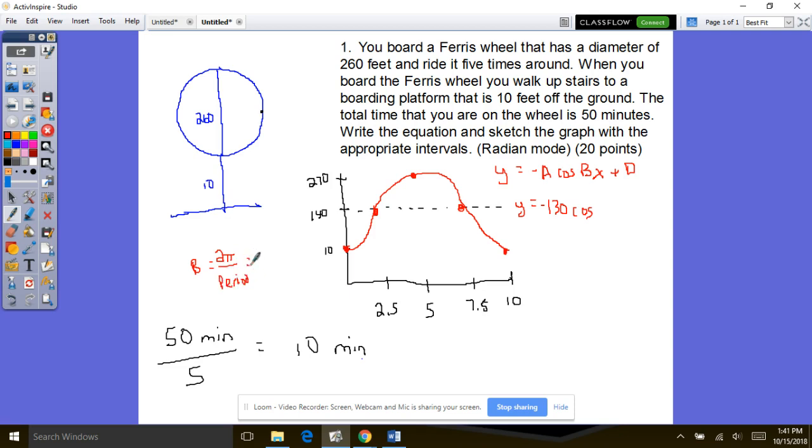In this case, my period happens to be 10, so it's 2 pi over 10. Since it's a nice, neat fraction, we can reduce this to pi over 5. So it's pi over 5x plus d, which is your middle, 140. Done. That's all you need for this one. We'll do something more with this later, but as of this moment, that's all we need to do with the Ferris wheel problem.